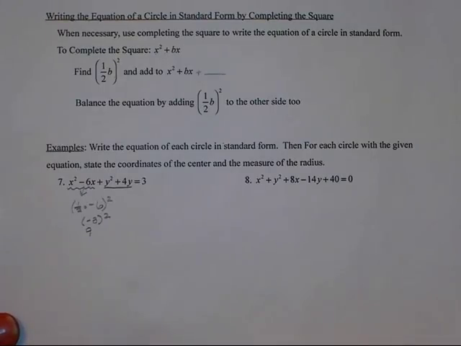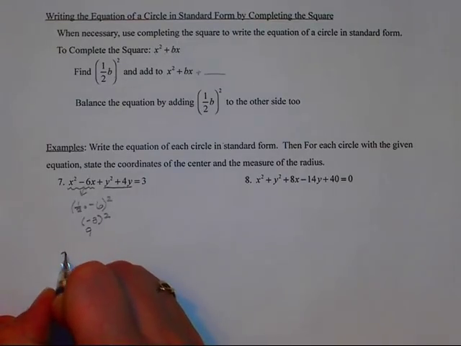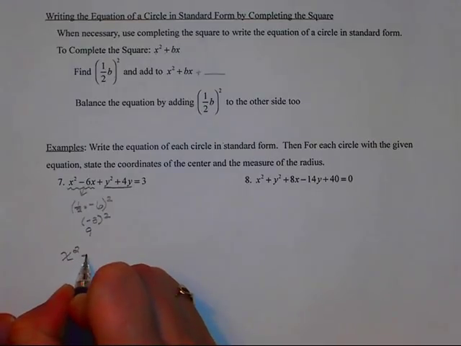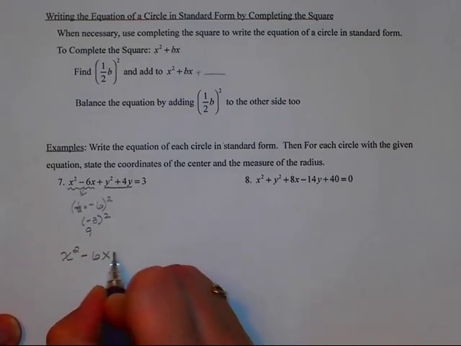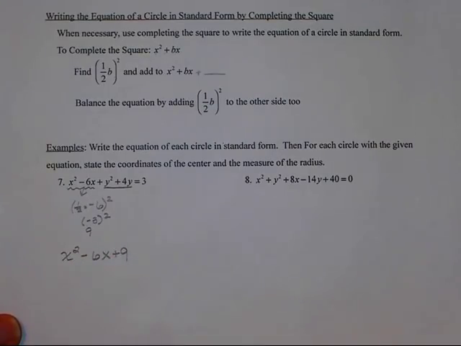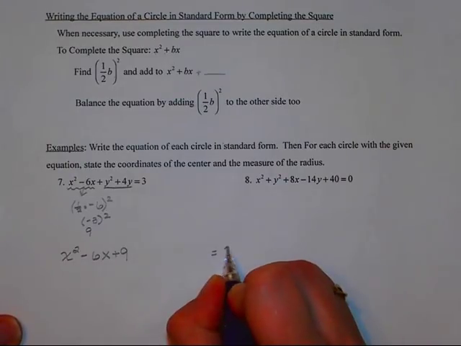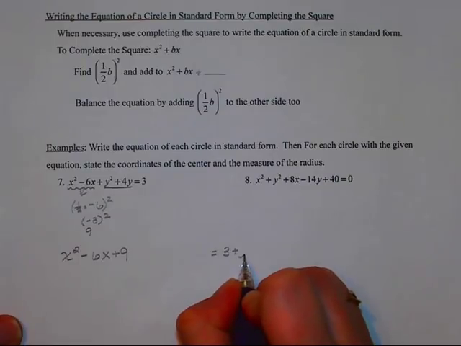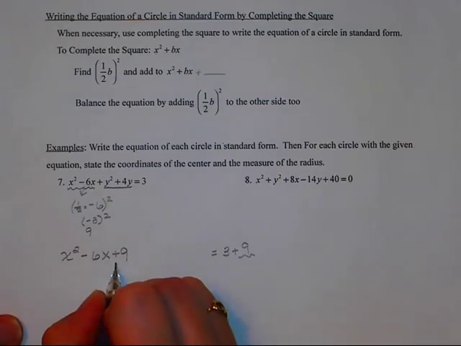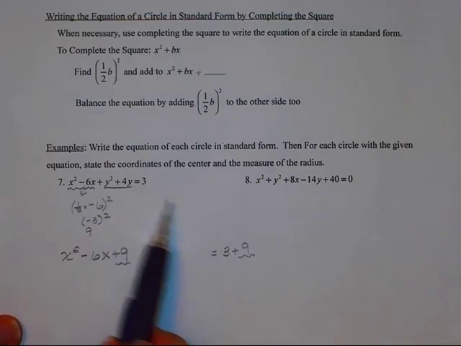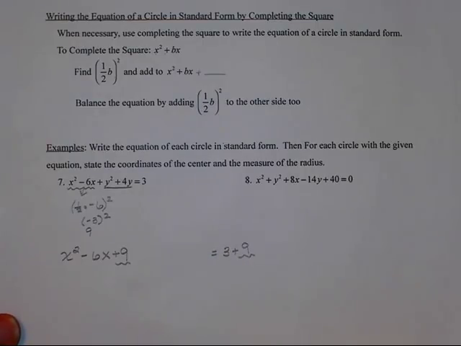That's the number we add in order to make a perfect square trinomial, to complete the square. So for the x's, this is going to become x squared minus 6x plus 9. But remember, whatever we add to one side of the equation, we have to add to the other in order to balance it out. So on the right side of the equation, I'm going to add a plus 9.